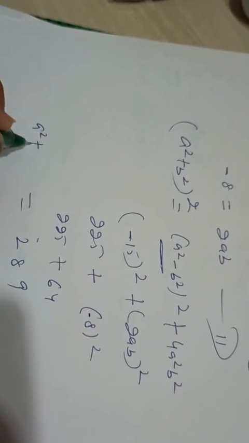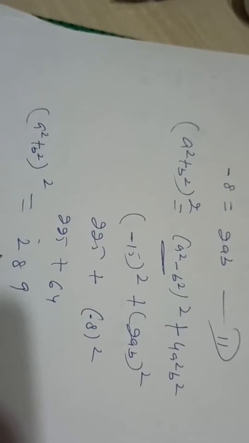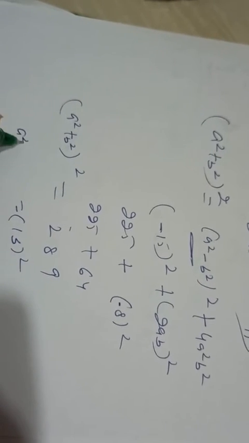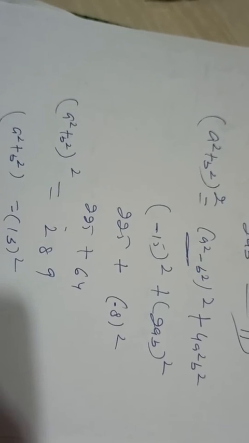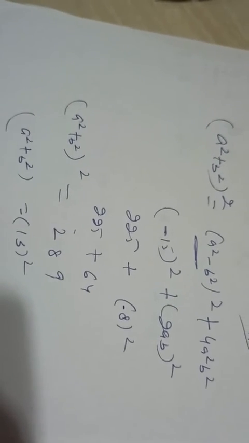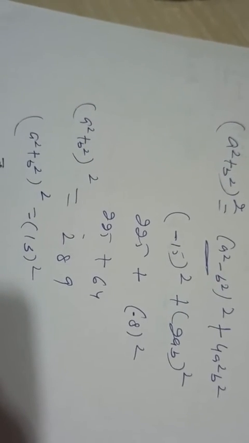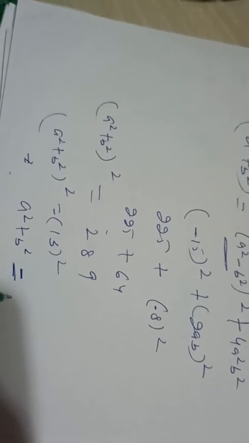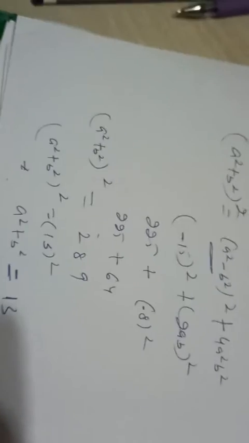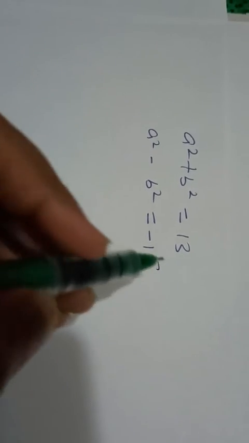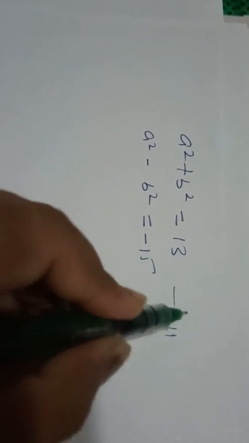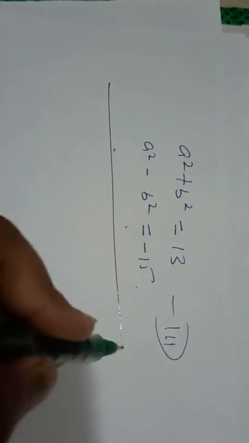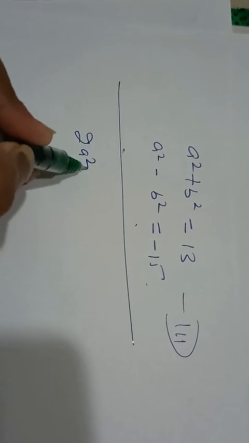So a square plus b square whole square is 17 square, so a square plus b square is equal to 17. This is the third equation, and this is your first equation, a square minus b square equals minus 15. So solve these equations to get the values.